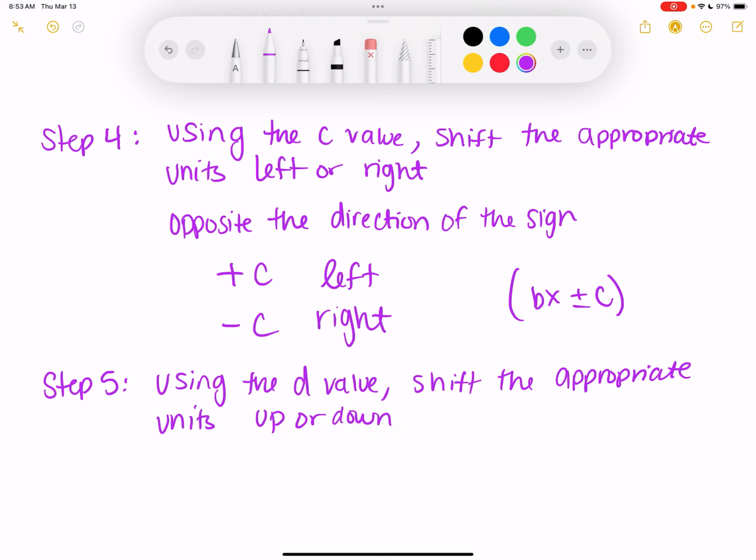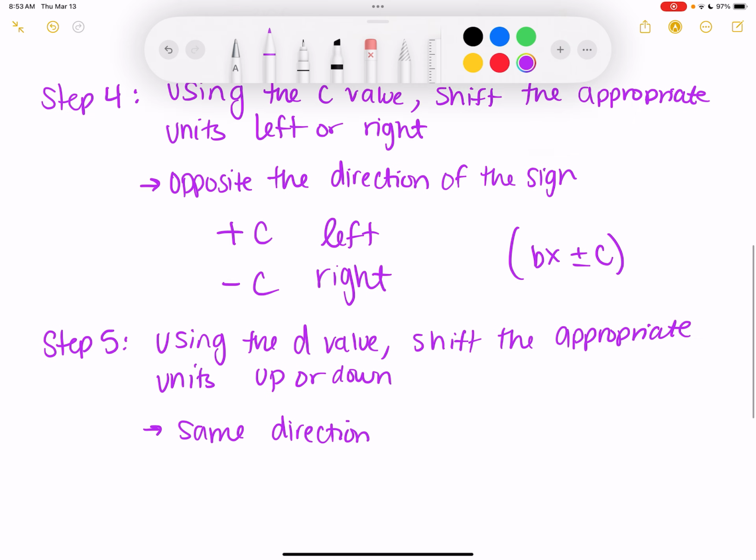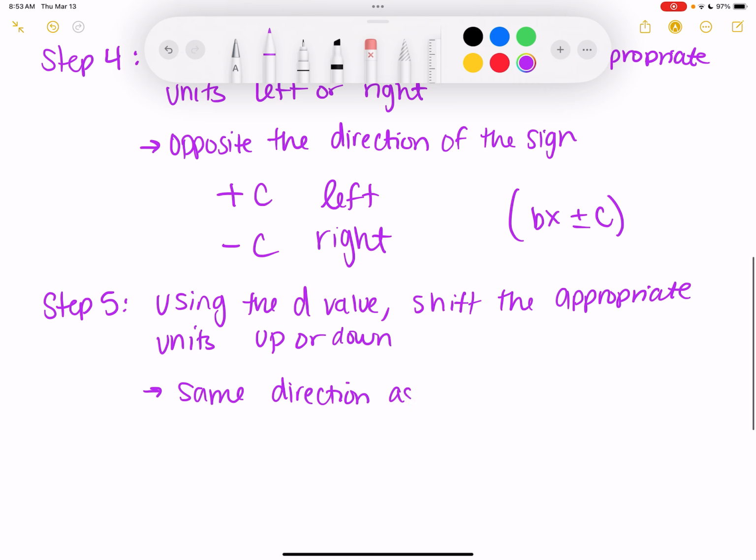And this one goes the same direction as the sign. So if D is positive, it goes up. If D is negative, it goes down. So outside, it goes the same way. Inside, it goes opposite.